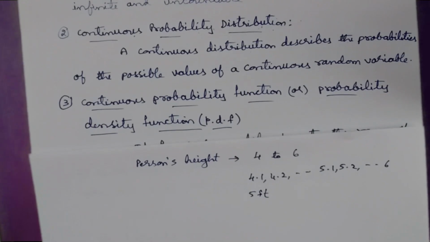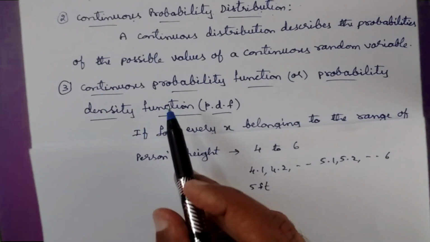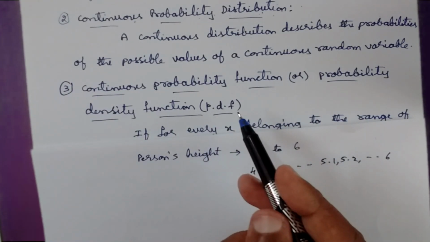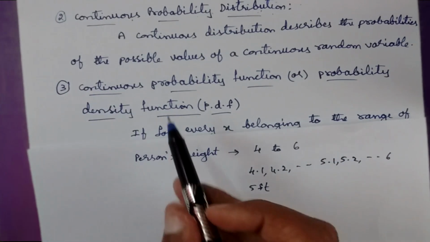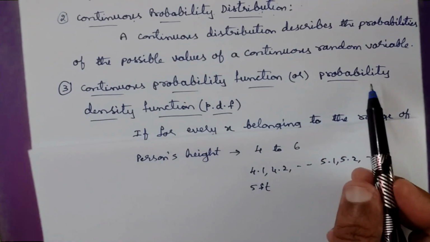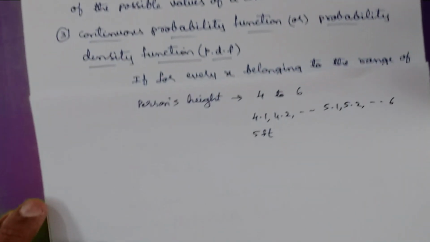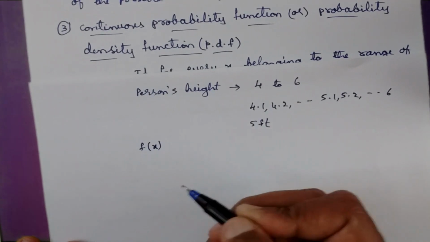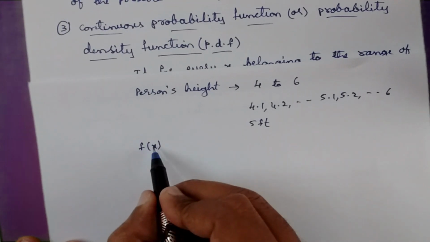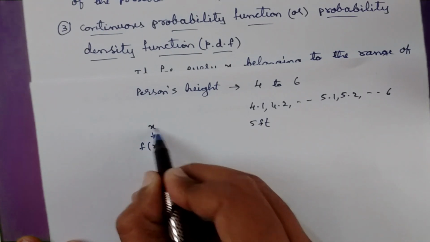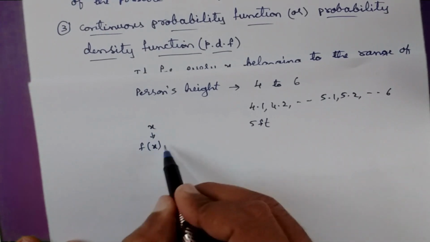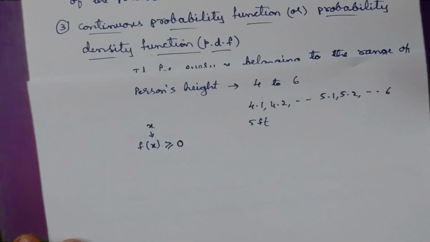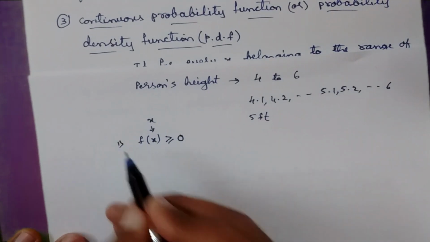Now coming to the definition of what is a continuous probability function or a probability density function. Suppose I consider a certain function, say f of x, where x is the variable that you have, and suppose this f of x satisfies the condition that f of x is greater than or equals to 0, that is the first condition.